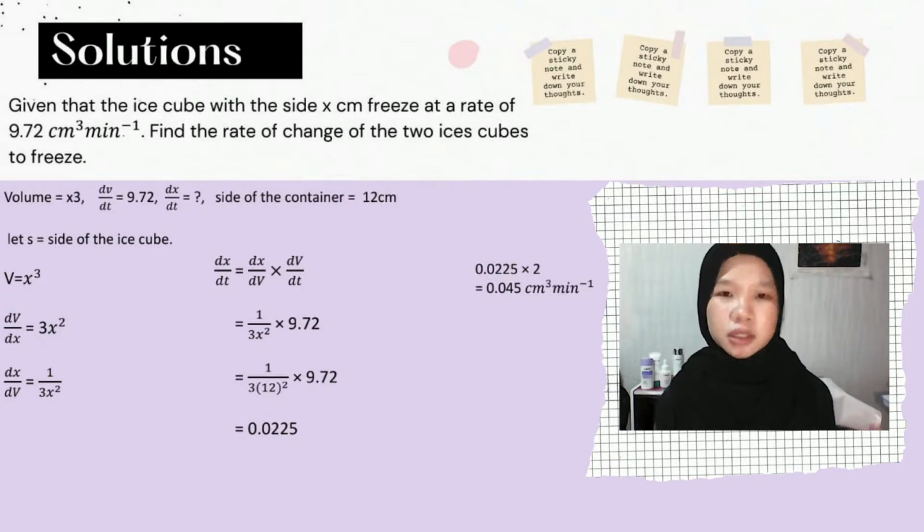So we get the answer of 0.0225. Now we have the rate of change of one ice cube. To get the rate of change of two ice cubes, we need to times it by 2, which makes it 0.045 centimeter cube per minute.